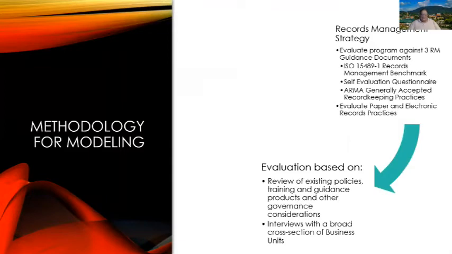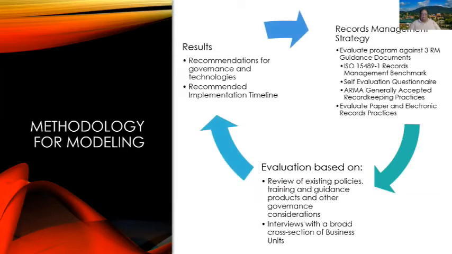You can either do the evaluation yourself as the records professional for the organization, or you can do it on a business unit by business unit method, where you then compile the findings from the various business units, and then you get the results from that.